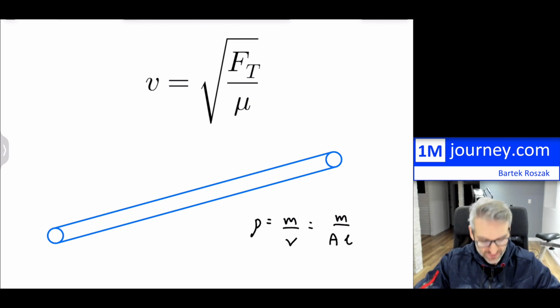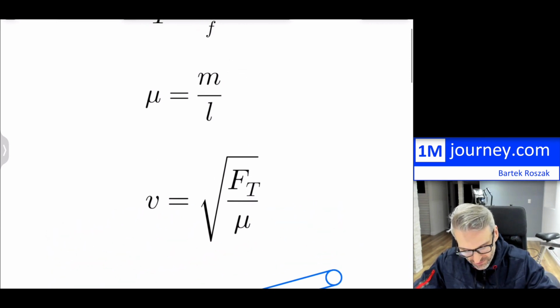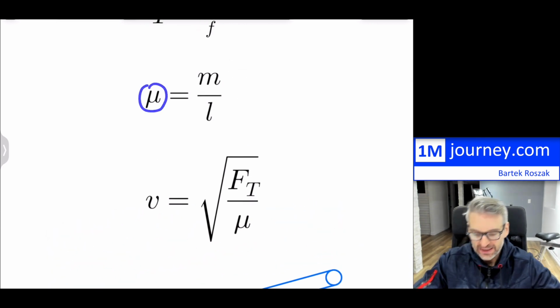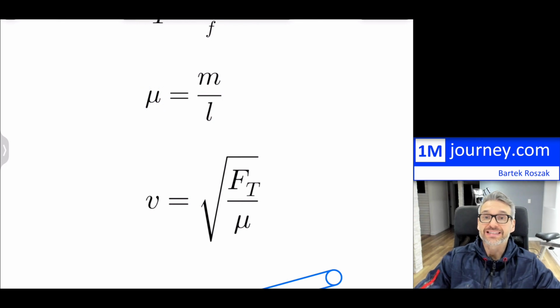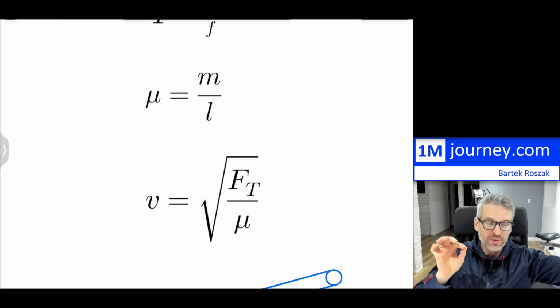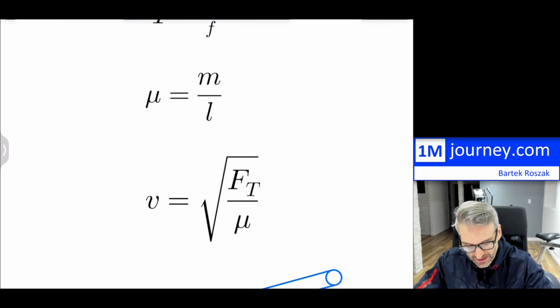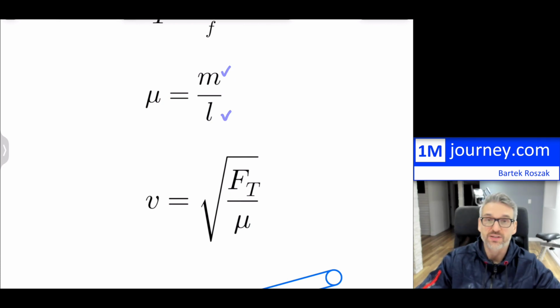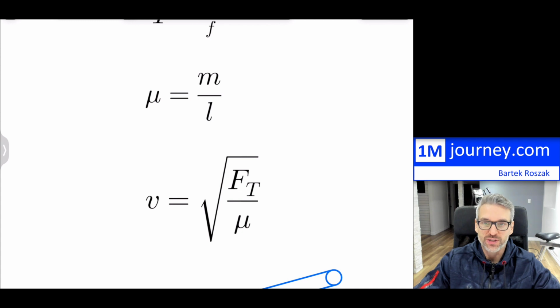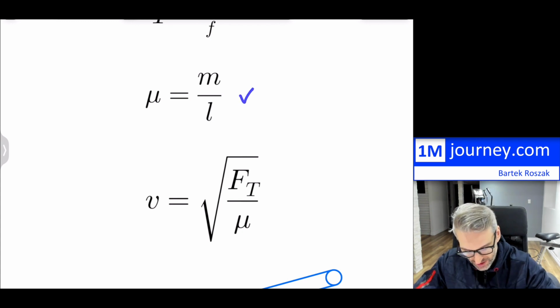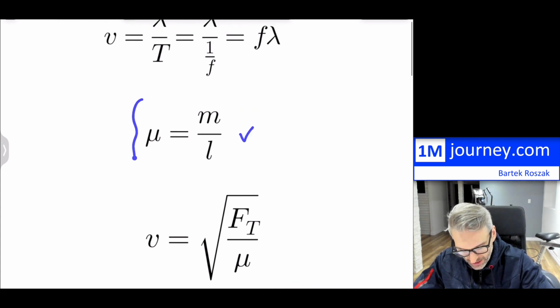Now, that right here we call the linear density of an object. Linear because it's in one dimension, so it's one-dimensional, and it's only relating the mass to its length, and it doesn't really worry about the volume. So strings can be captured in this way. That's the first thing. You have this equation right here, and you have this mu.